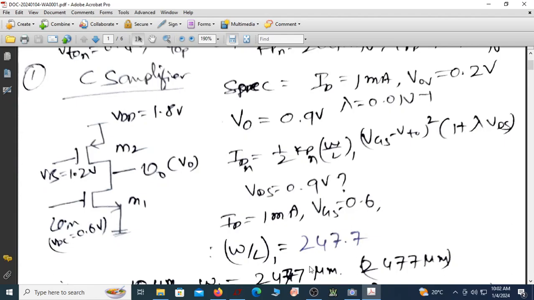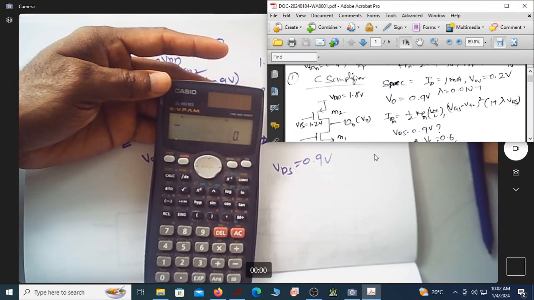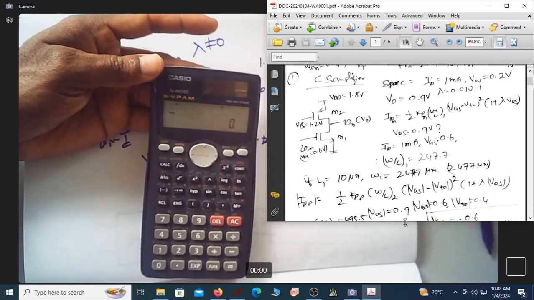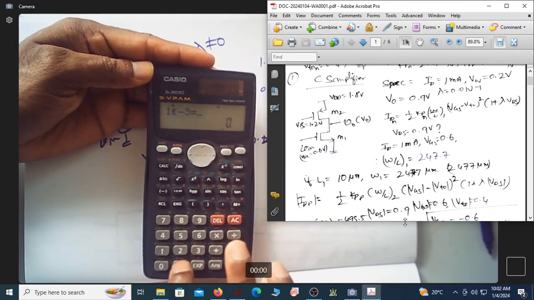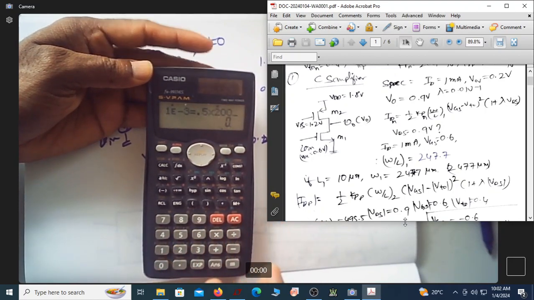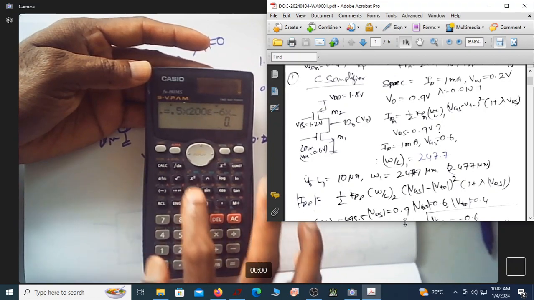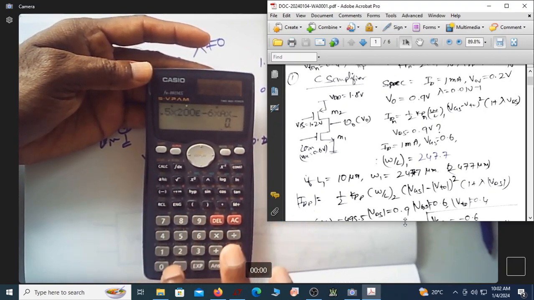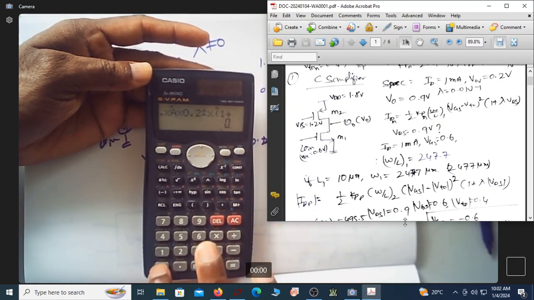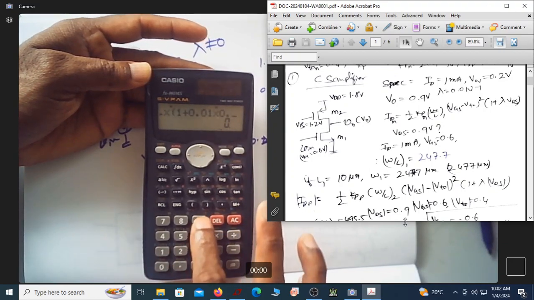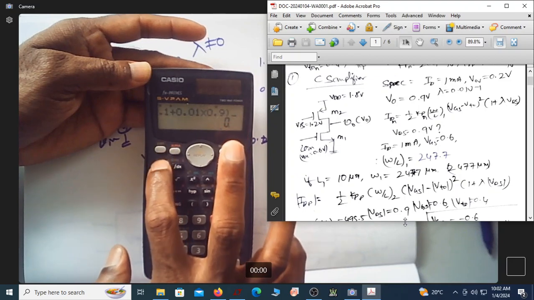You should get 247.7. Let me do the first one along with you. I have these values: 1 exponential minus 3 equals 0.5 into 200 exponential minus 6 into W by L, into 0.2 whole square, into 1 plus 0.01 into 0.9, close the parenthesis, shift calculate.